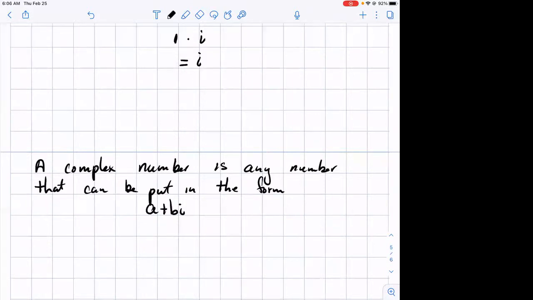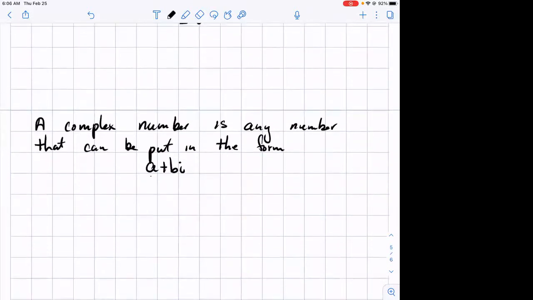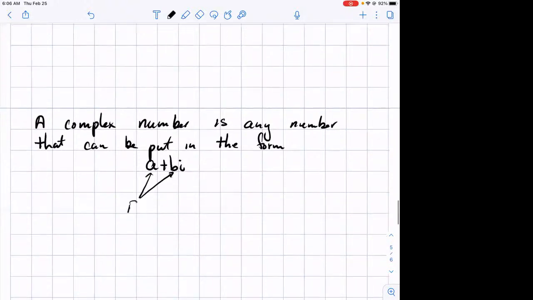And we say that both a and b are real numbers, but i is equal to the square root of negative 1.